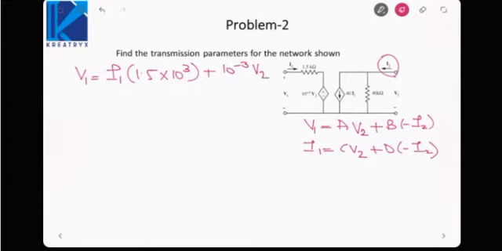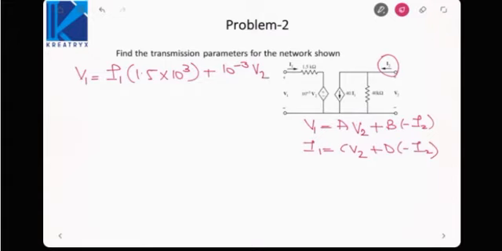So I1 will be equal to 5V1 minus 4 by 5 V1 into 4, that is 16 by 5. So it will become 9 by 5 V1. Since I1 is equal to 9 by 5 V1, we can say V1 is equal to 5 by 9 I1.